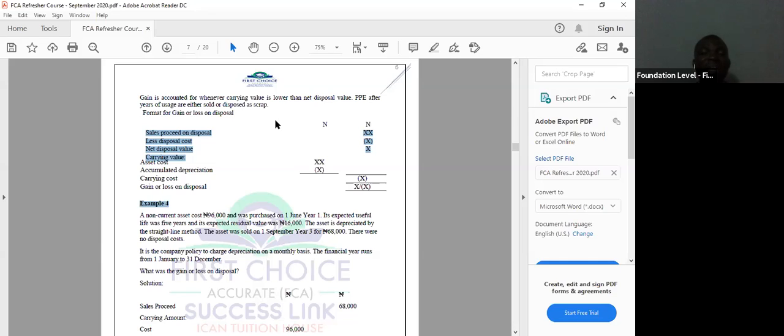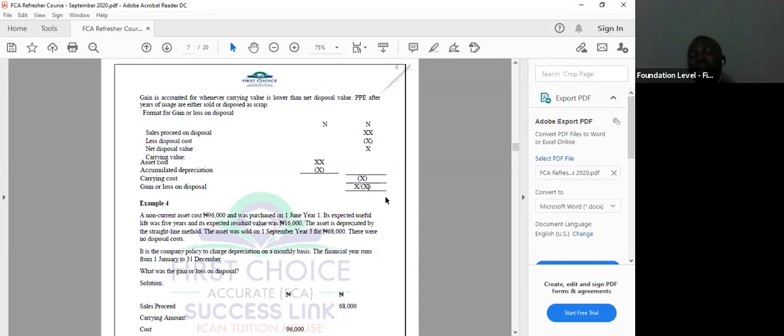It means that if the asset has existed for 5 years, the total depreciation for those 5 years will be added together and we use it to reduce the cost of the asset before we can get our carrying value or amount. Once we have that, we use it to reduce our net disposal value. So net disposal value minus carrying value will either give you a gain or loss on disposal.